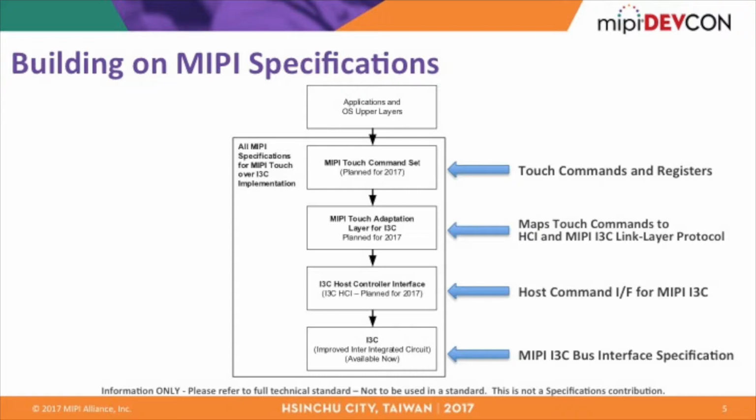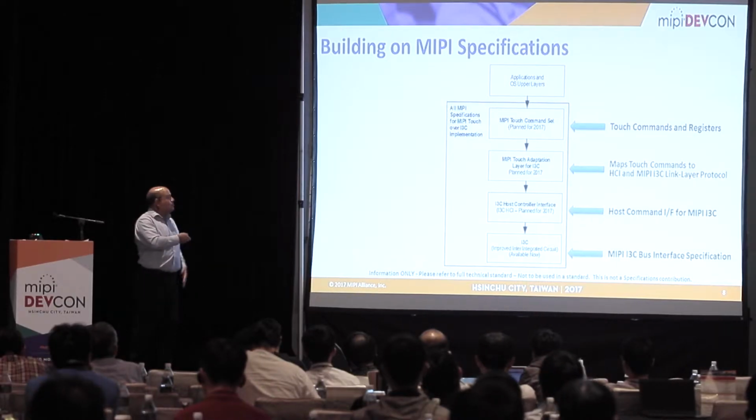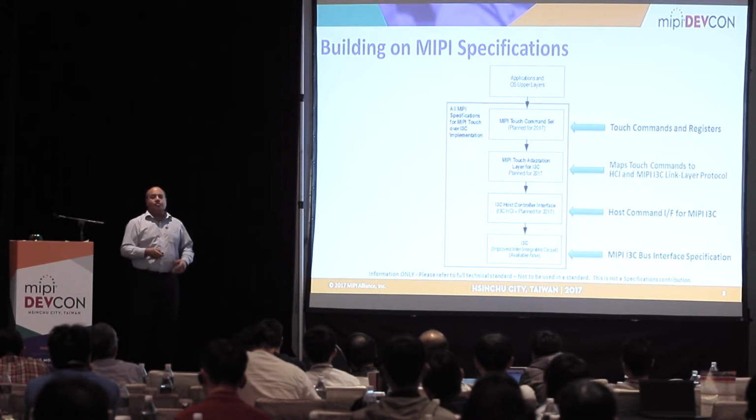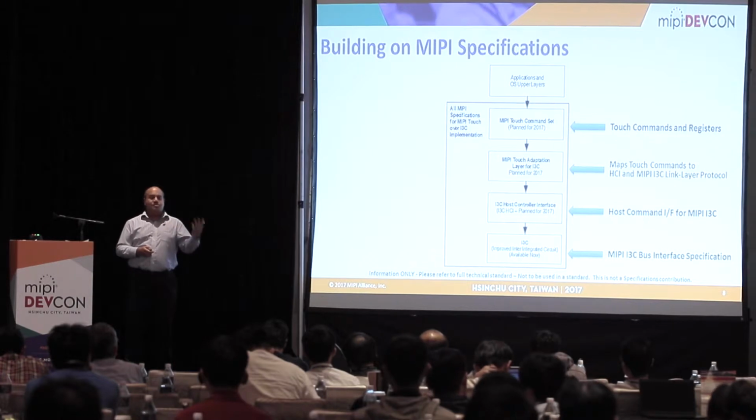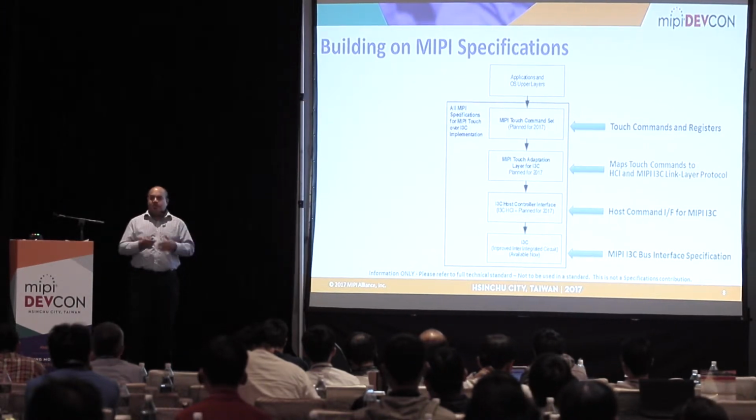It works across. Number 2 is the MIPI touch adaptation layer for I3C, or Alice. This adaptation layer translates the command sets for I3C. If people ask me in the future, could you have an adaptation layer for, say, DPHY or CPHY or USB or some other different link layer?